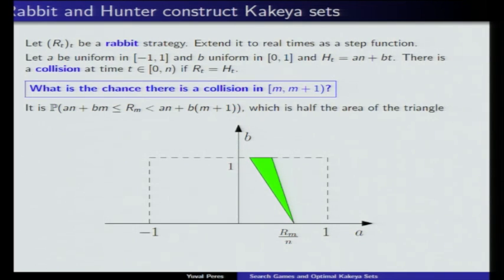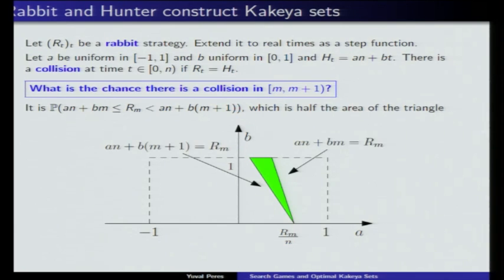Now you can see more clearly what the rabbit does, at least as a counter strategy to this hunter strategy. He can choose these Rm, and if he knows he's facing this hunter strategy, which we already showed is essentially optimal, then what he would want is to minimize the union of the areas of these triangles.